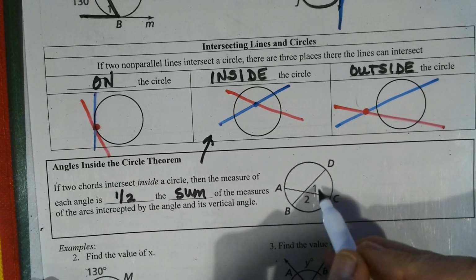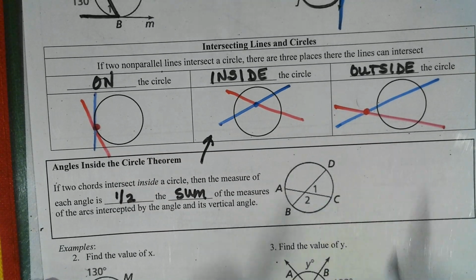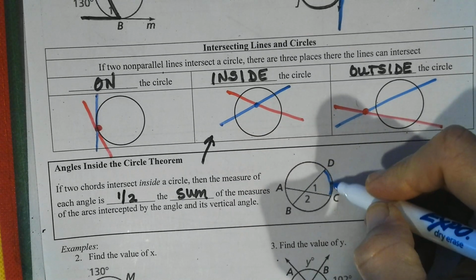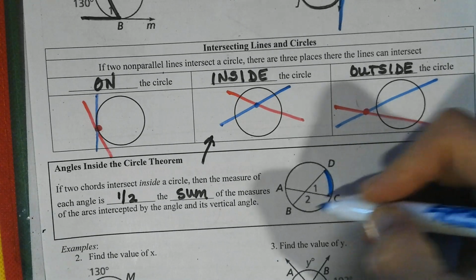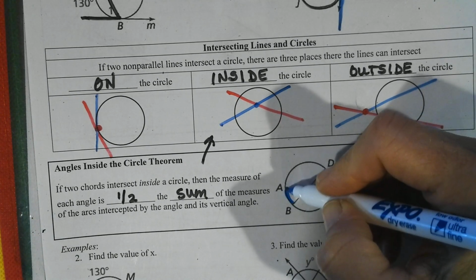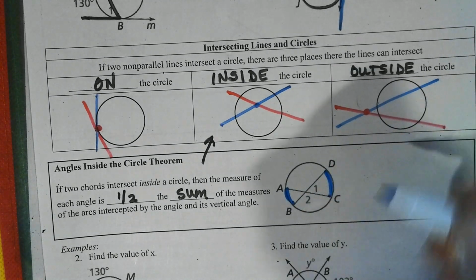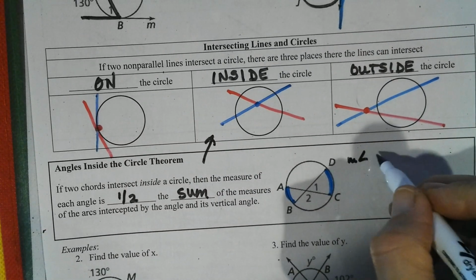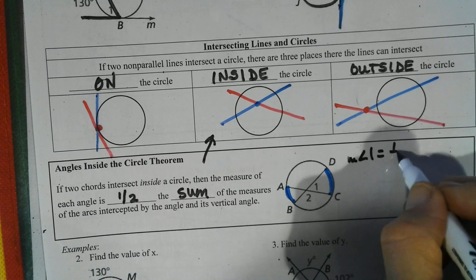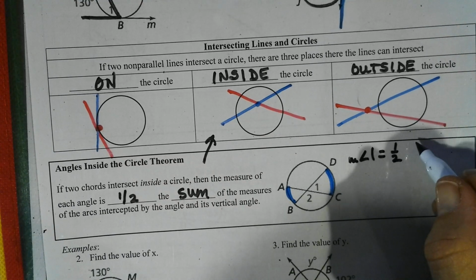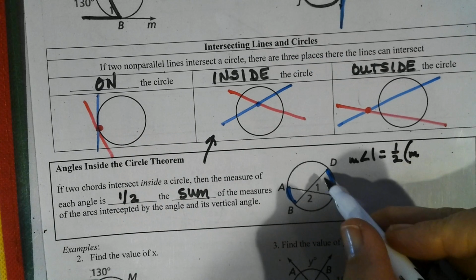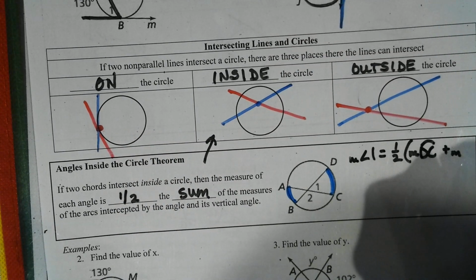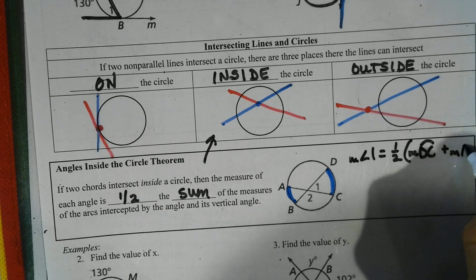So angle 1, okay, you're basically going to average them. You're going to take this arc and also the arc of its other vertical angle. You're going to add them together and divide by 2. So the measure of angle 1 is equal to 1/2 when you add the measure of arc DC plus the measure of arc AB.